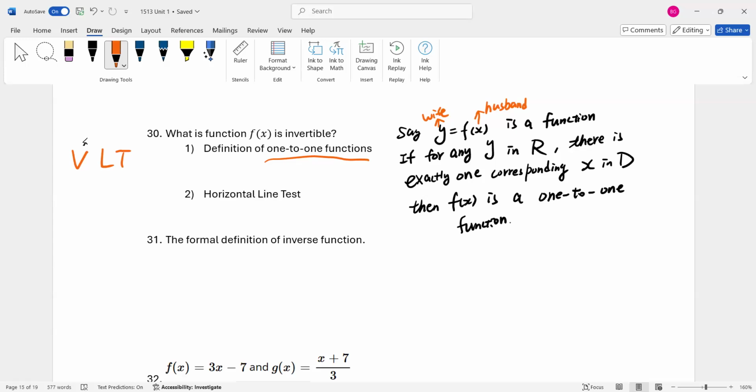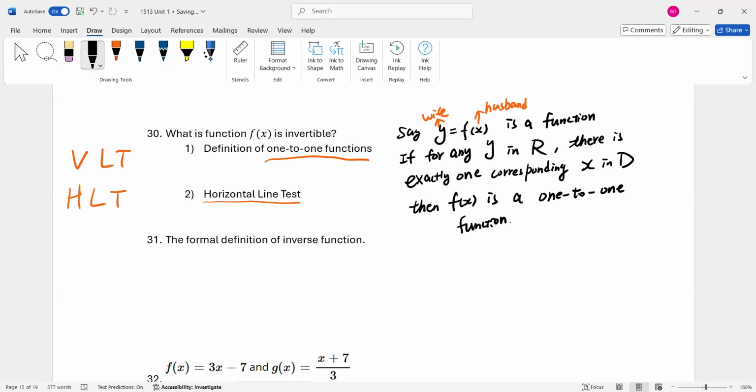Now we are going to learn another similar test. It's called the horizontal line test, HLT. We can use a horizontal line test to determine if a function is a one-to-one function. Very similar.